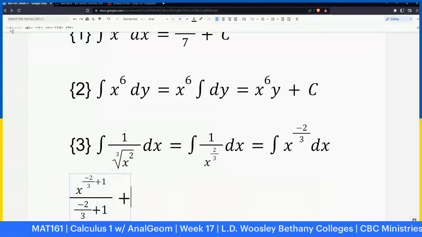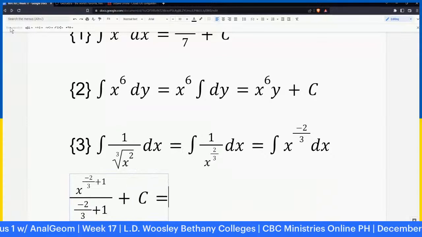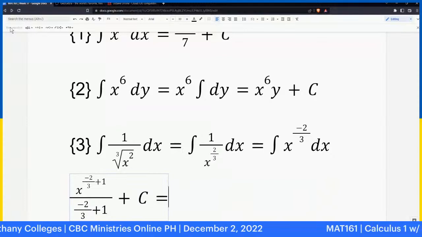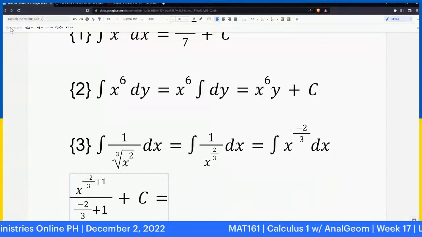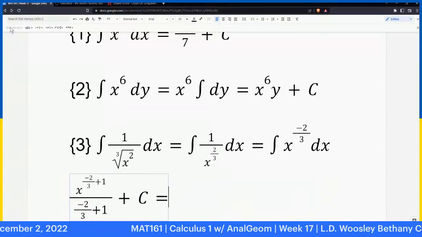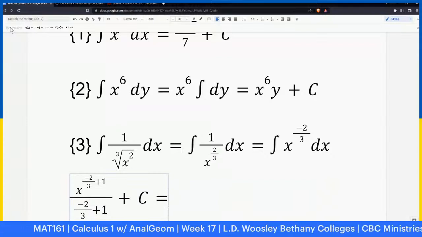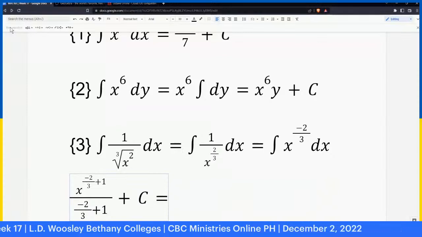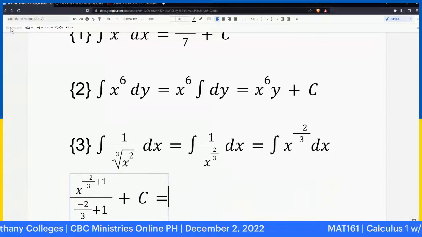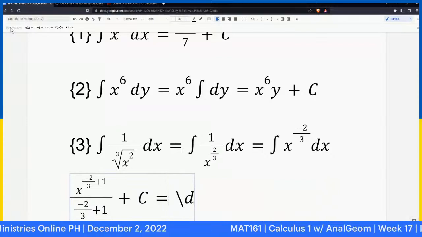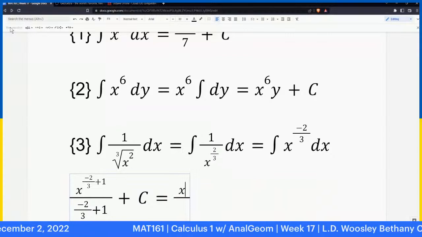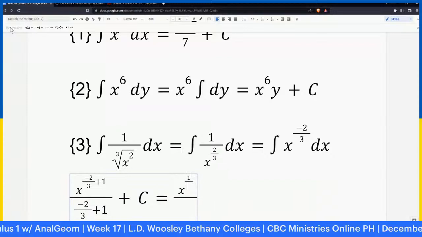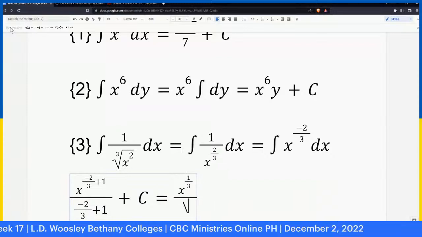Okay, simplify. Of course, this is plus c. Simplify further. Simplify, Noraline. Negative 2/3 plus 1. 1/3 po pa. Okay, 1/3. So that becomes x raised to 1/3 all over 1/3.